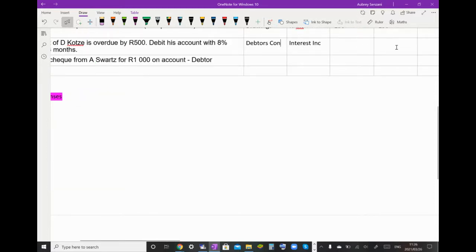And then now we have to calculate. How do we calculate this 8% interest that is for a period of 3 months?